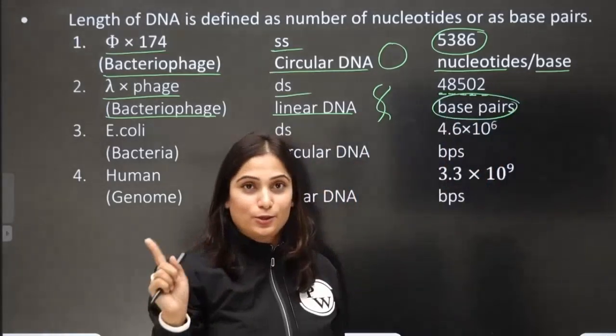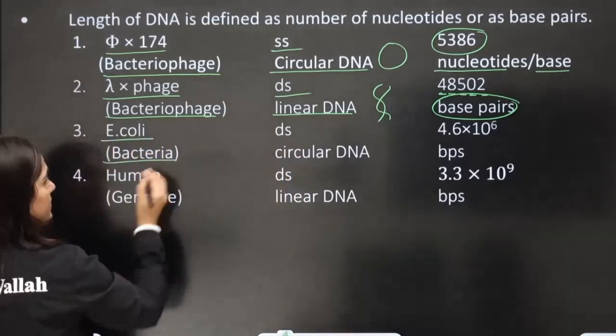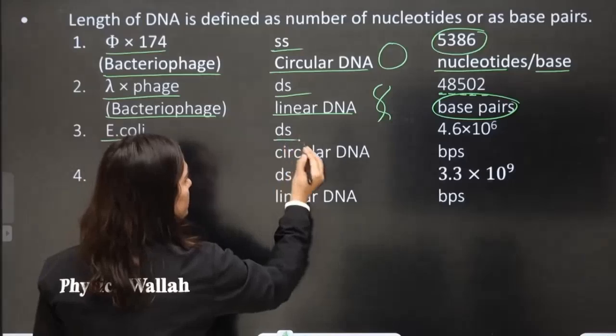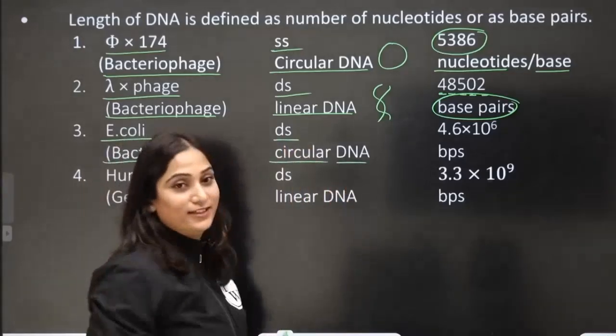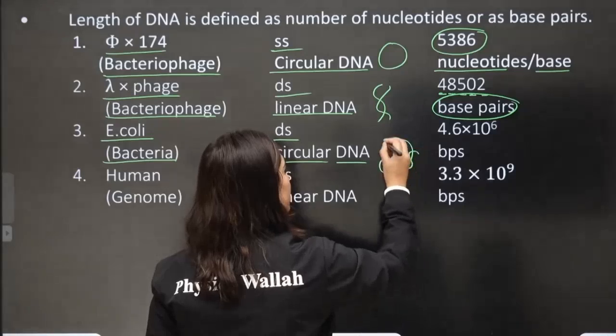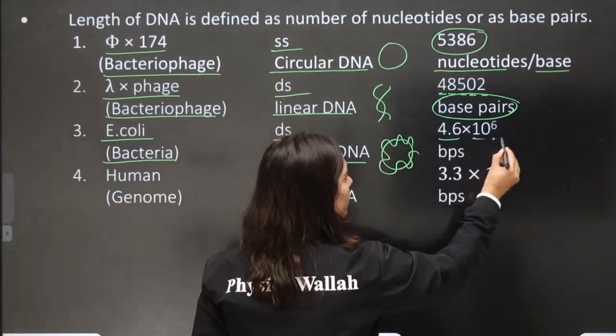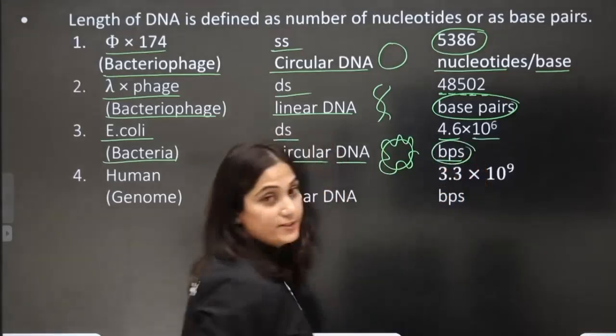Base pairs, not nucleotides or bases. Then E. coli. E. coli is a bacterium having double-stranded circular DNA, and it has 4.6 into 10 raised to the power 6 base pairs.